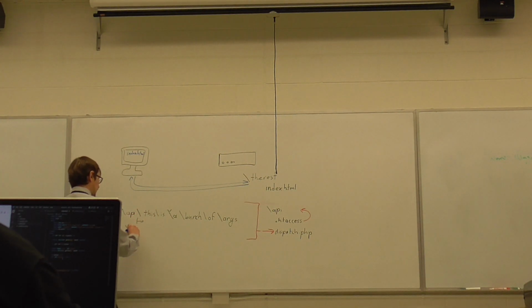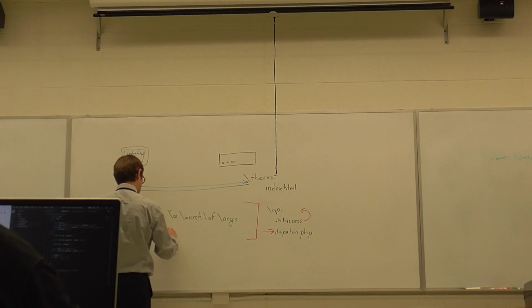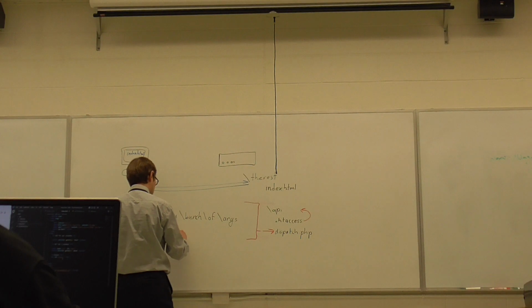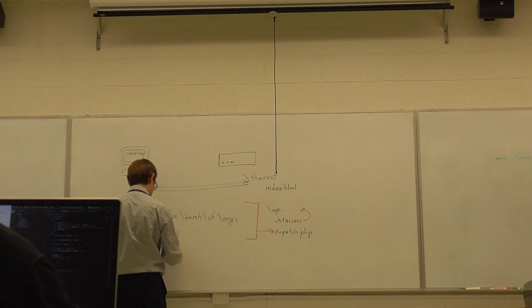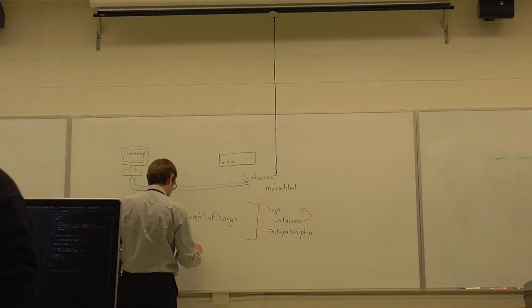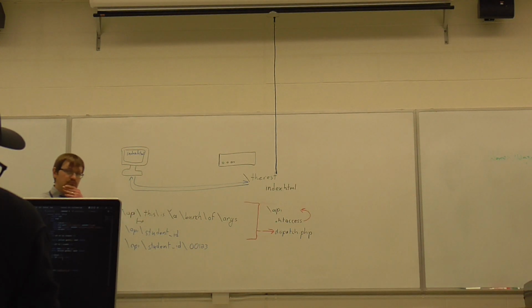It's sending either API slash student ID or API slash student ID slash 00123, some number that we entered.